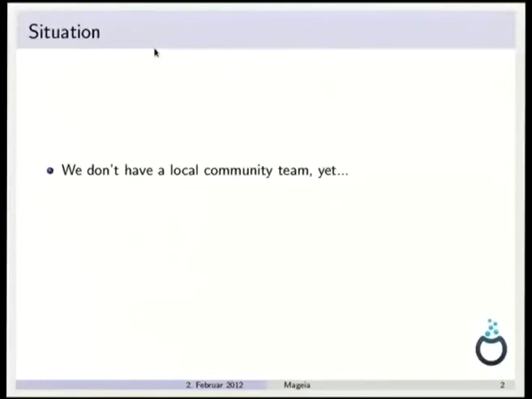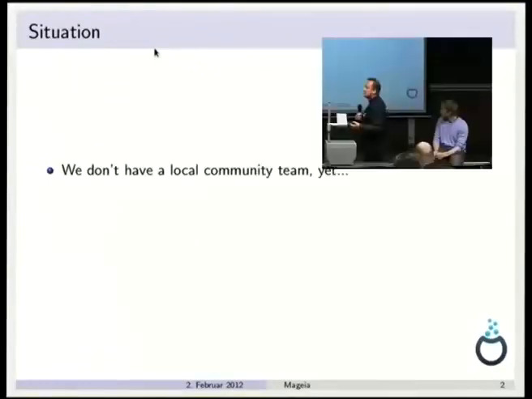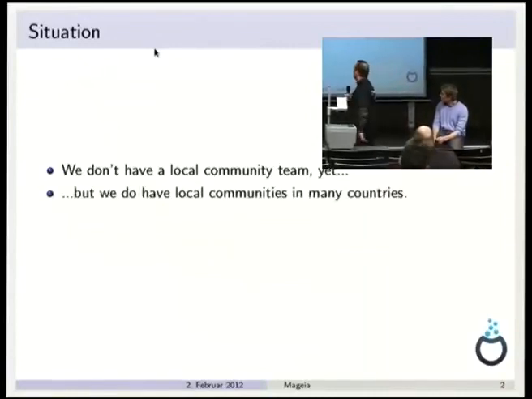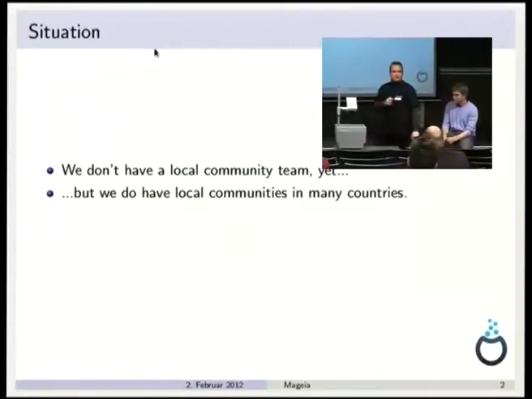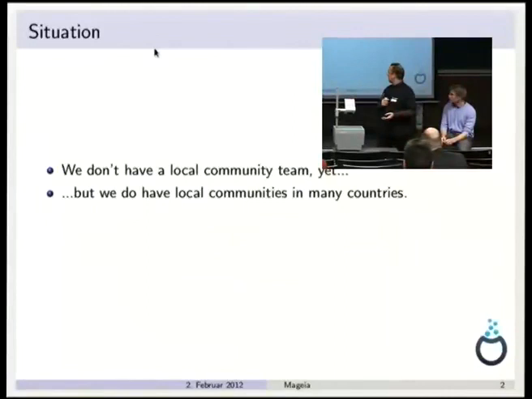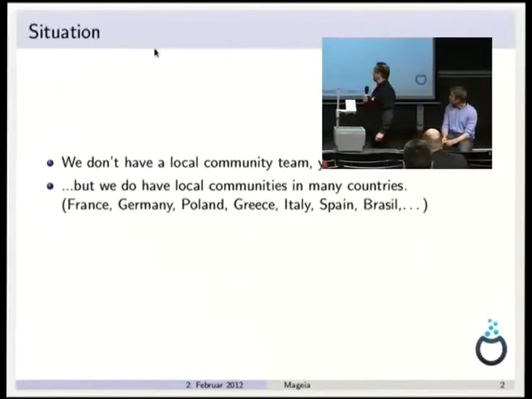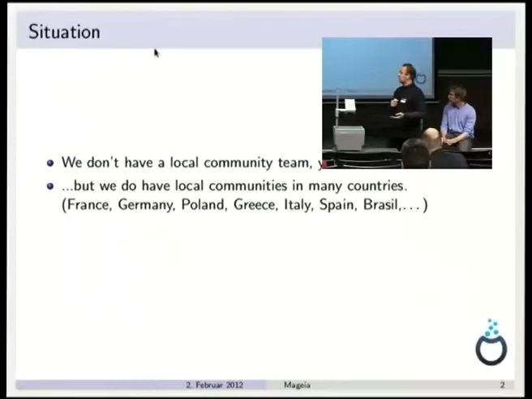We are a fairly new project, so the situation is we don't have a real local community team yet. It's something that just has to be established. Next, please. But we do have quite a lot of local communities in several countries. The biggest ones are in France and Germany. France is the country most of the Mageia people come from, and Germany is our second stronghold.